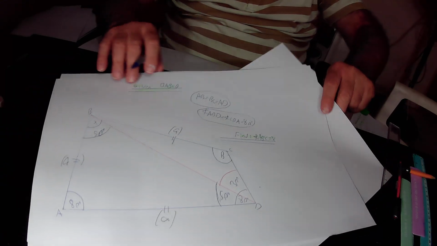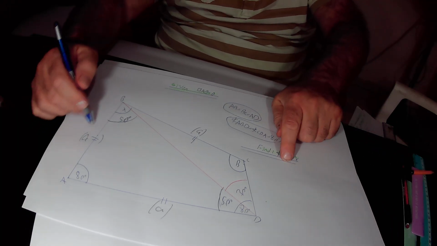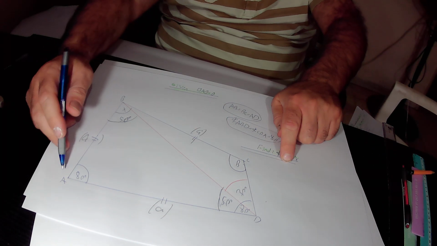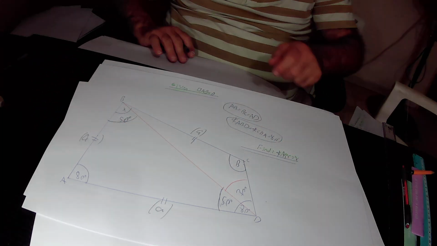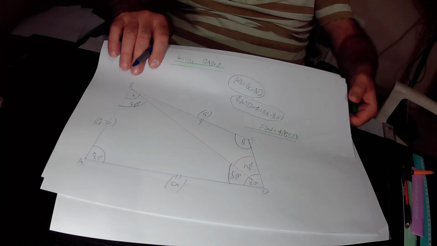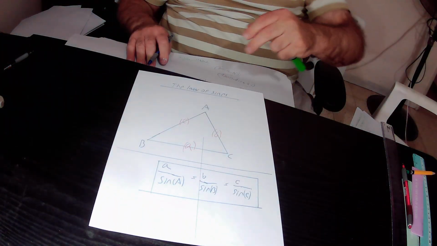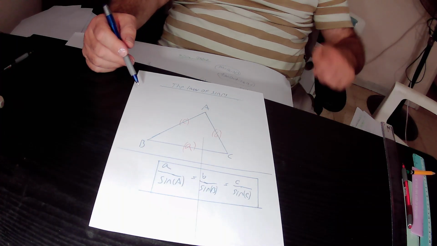And we will implement the law of sines in this triangle ABD. But first, let's quickly go over the law of sines. This is triangle ABC, that could be any triangle.